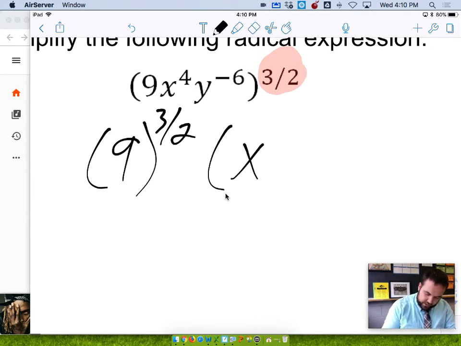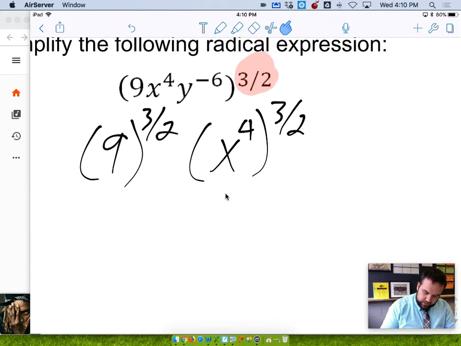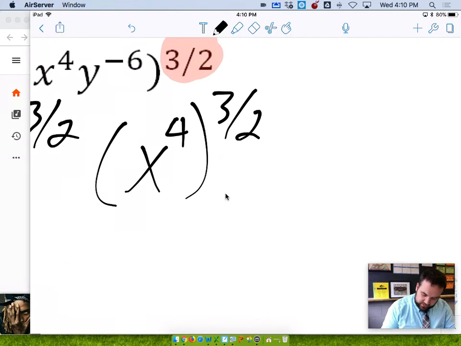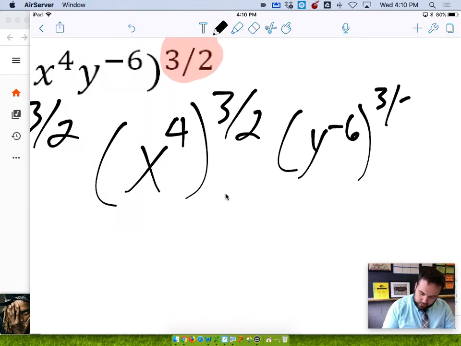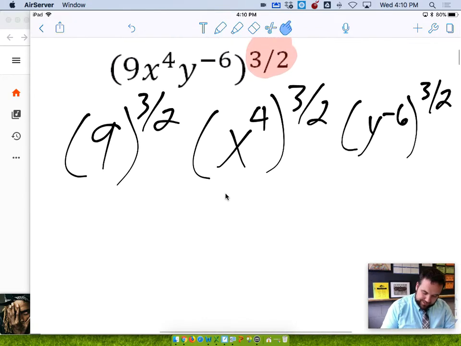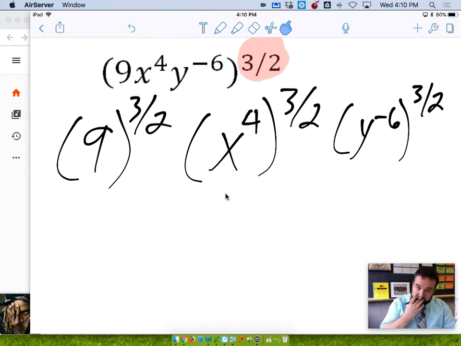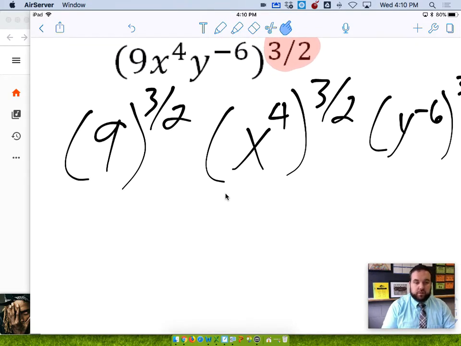So I've got 9 to the 3/2, x to the fourth to the 3/2, and then y to the negative 6 to the 3/2. In order to do this, 9 to the 3/2 I can just type into the calculator. But remember, a denominator of 2 basically means the square root. So what this is saying is I'm going to square root 9 and then raise it to the third power.